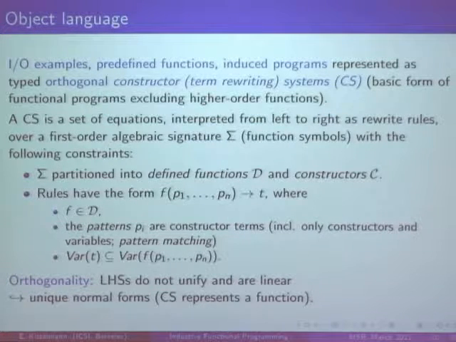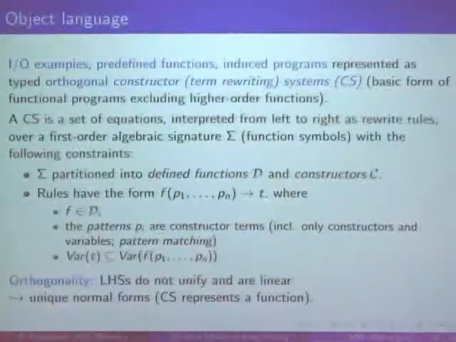Then the rules have the form F(p1, ..., pn) = t, where F is a defined function and the arguments p1 to pn need not be variables, but could also be terms, but only terms including only variables and constructors. This is the usual pattern matching in functional programming. And then a term t is the function body.